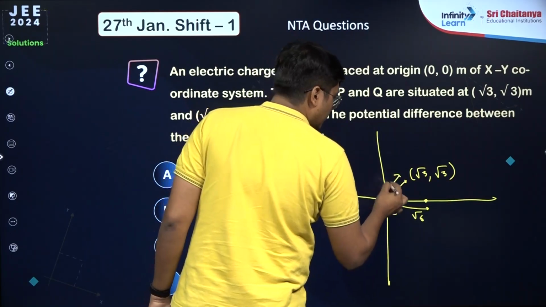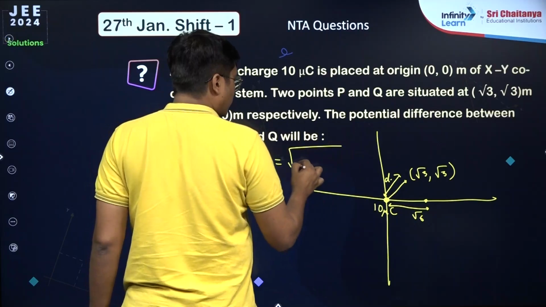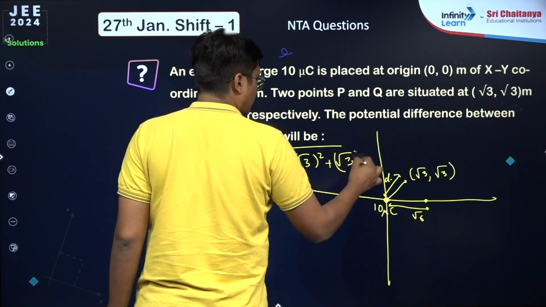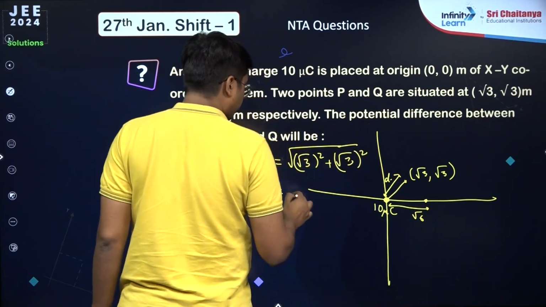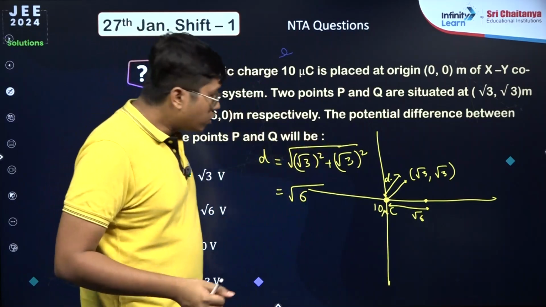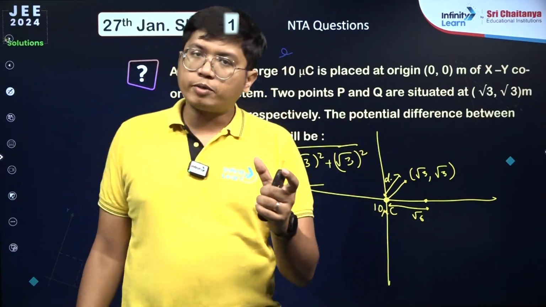What is this distance d? It would be the square root of root 3 squared plus root 3 squared, which is just root 6. So as you can see, both points are technically the same distance away from the point charge.